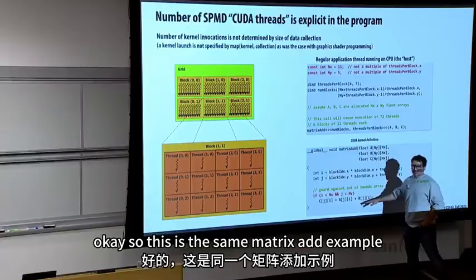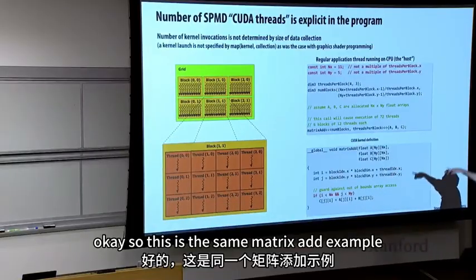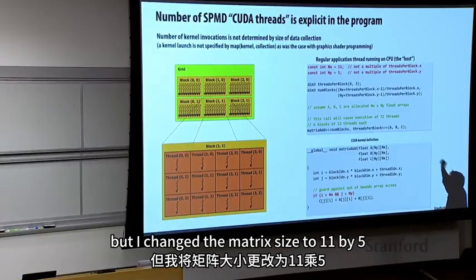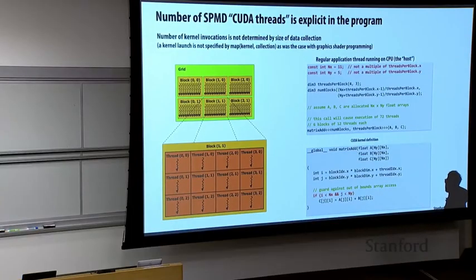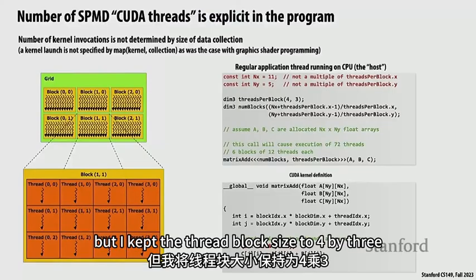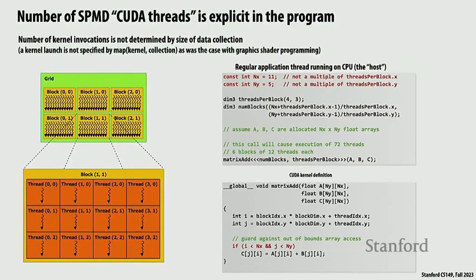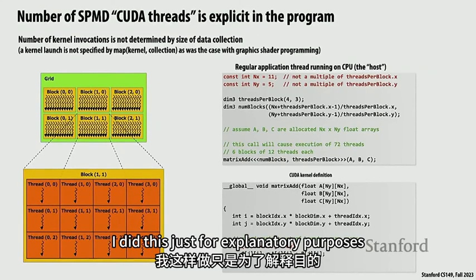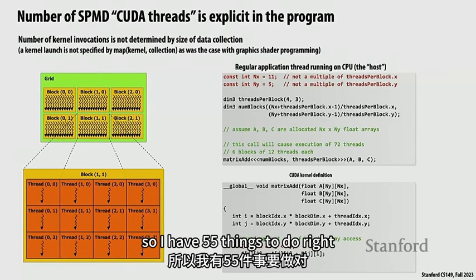This is the same matrix add example, but I changed the matrix size to 11 by 5. But I kept the thread block size at 4 by 3. I did this just for explanatory purposes. So I have 55 things to do, right?